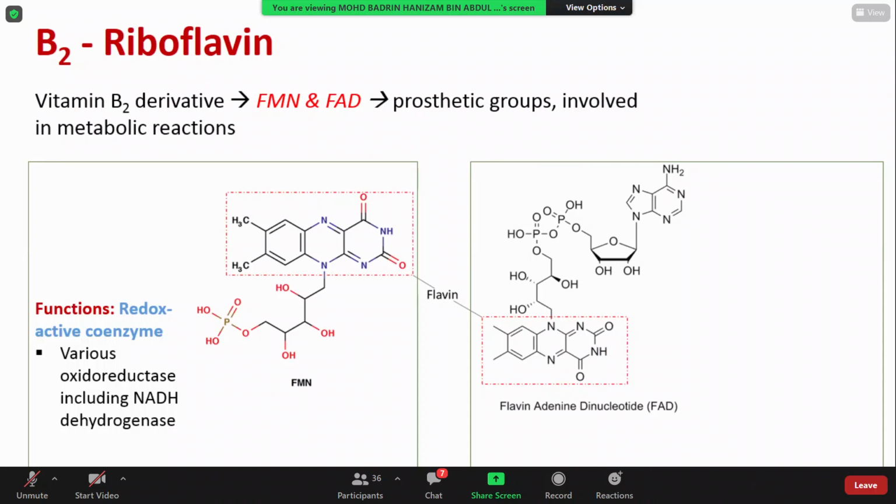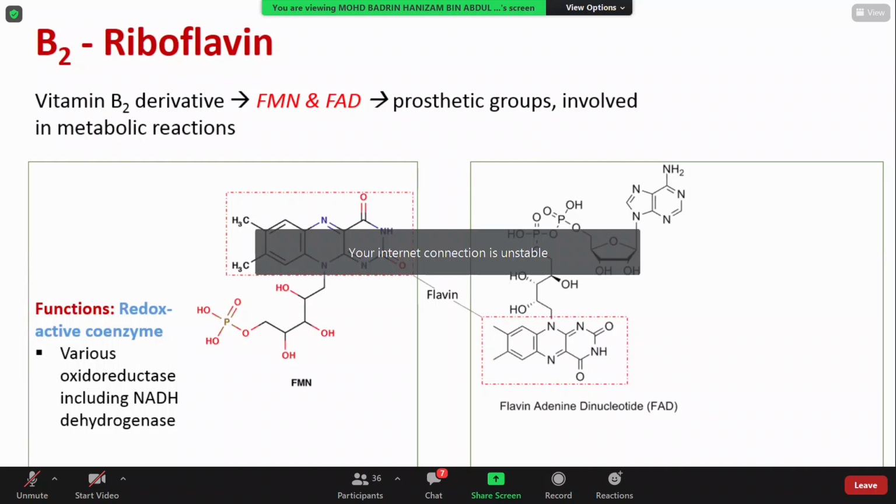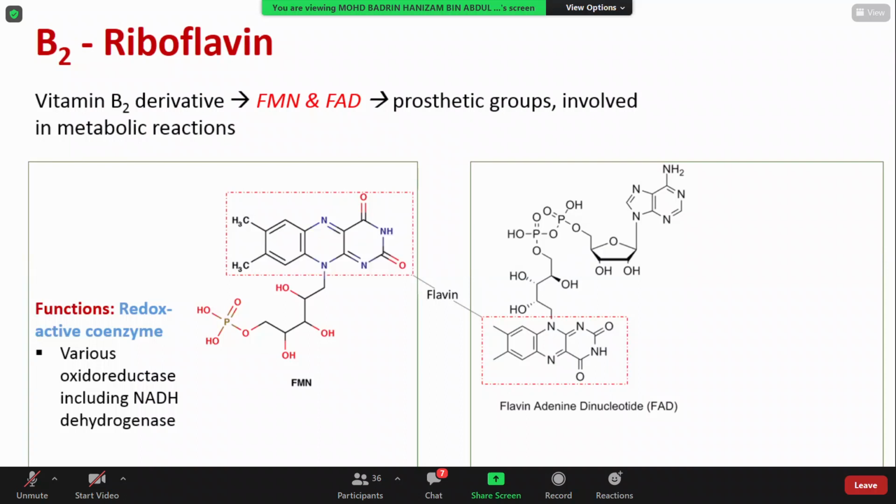I think it is used in the electron transport chain. Electron transport chain, in which complex? Complex 1.